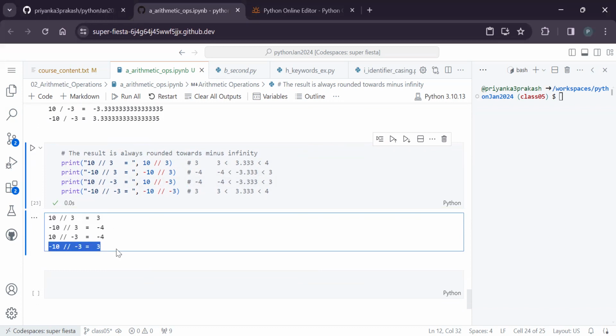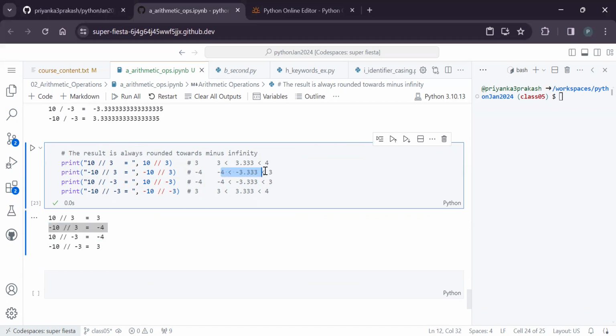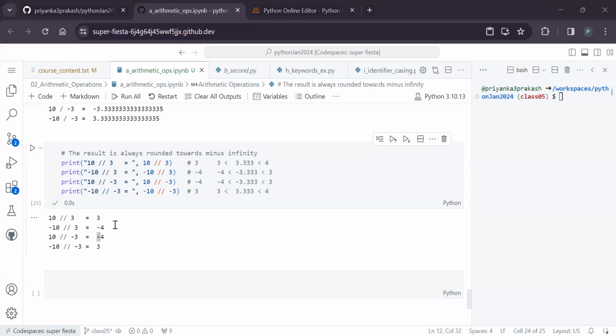When both are negative, you also get the perfect answer. But when one of them is negative, you need to get a negative result, right? That's the reason it will try to go to the previous value. So when it is trying to get minus 3.33, it will go to the previous integer. Like that it works. That is one interesting concept.